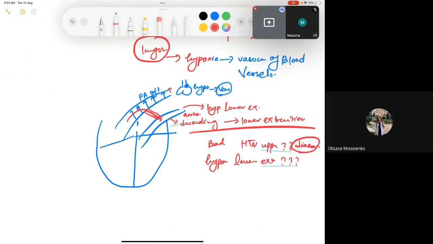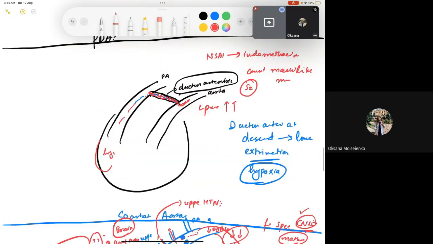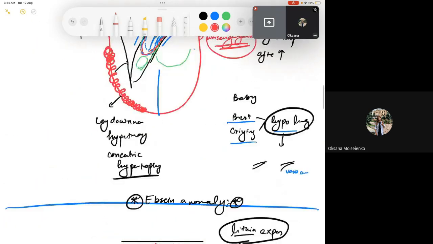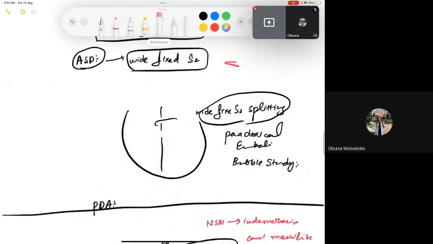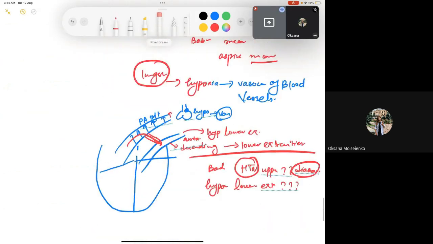Persistent pulmonary hypertension? No, I just made you confused. That's your coarctation of the aorta.